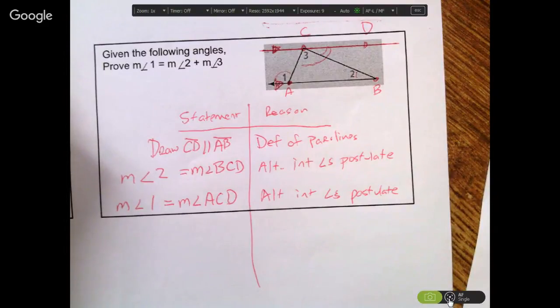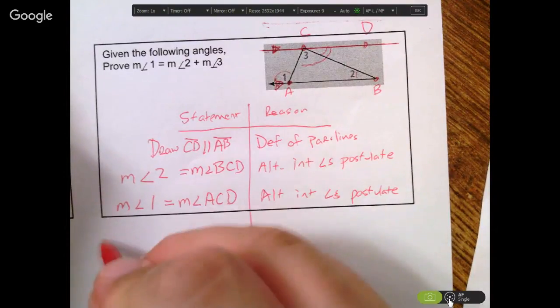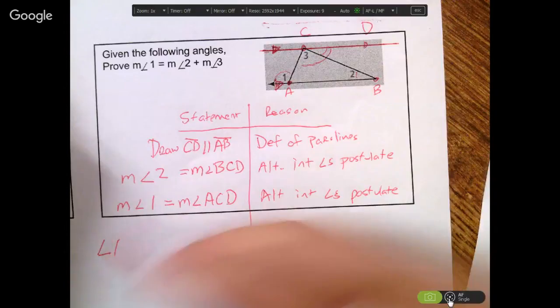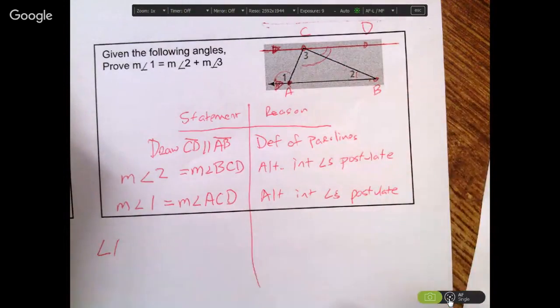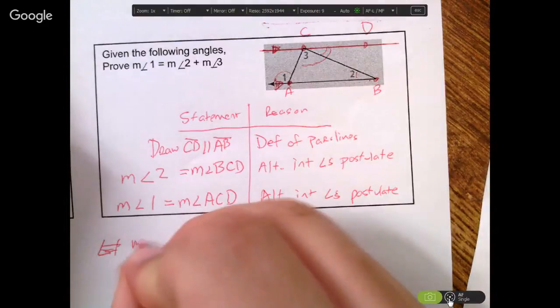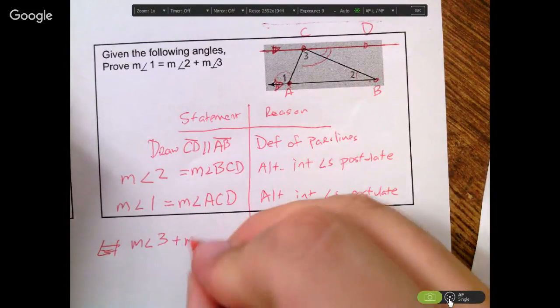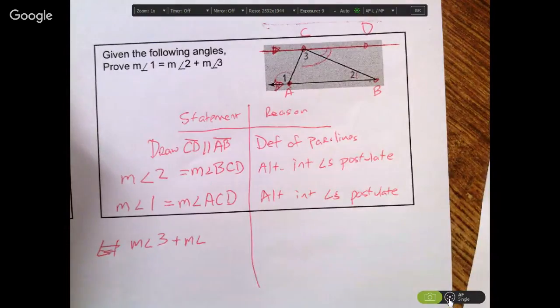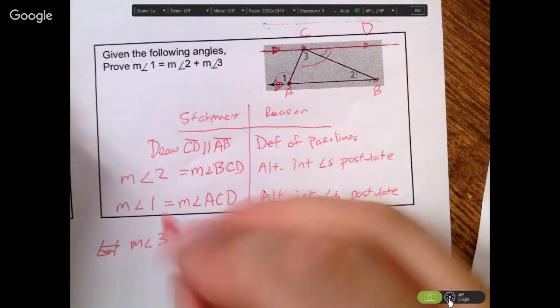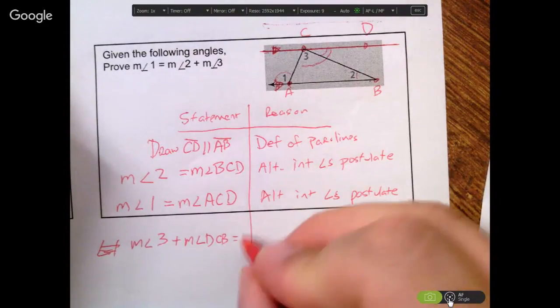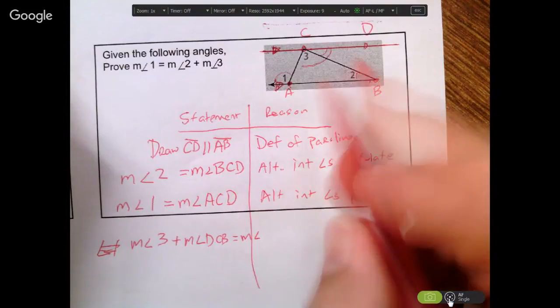Then I need to say that the measure of angle 3, which is ACB, plus the measure of angle DCB is equal to the measure of angle, the big one, ACD.